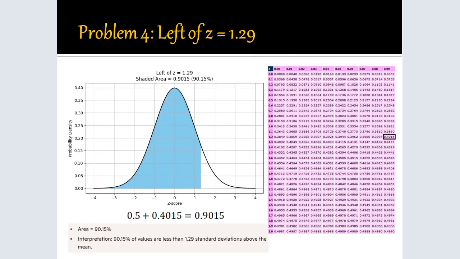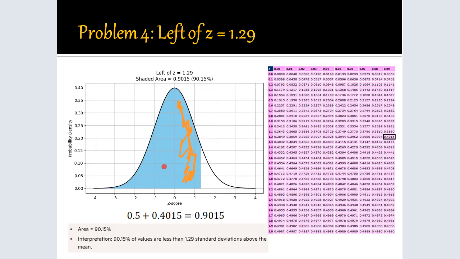So let's have another example. Left of z is equal to 1.29. Now, if we're going to graph, 1.29 is equal to 0.4015. Okay, so this part is from 0 to 0.4015. But what we need is the left of 1.29.